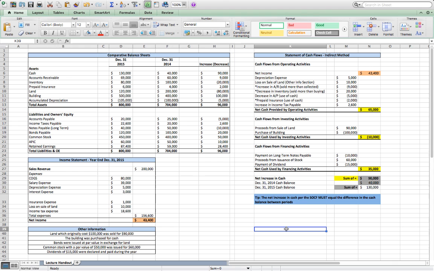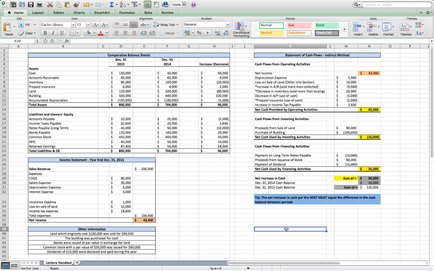I'm not going to ask you to account for an impairment of an asset or the loss on an investment in common stock using the equity method, or amortization of intangibles and deferred charges. There's certain things that, while they do impact the statement of cash flows, we're just not going to cover them for purposes of what you need to know for the exam and your homework.